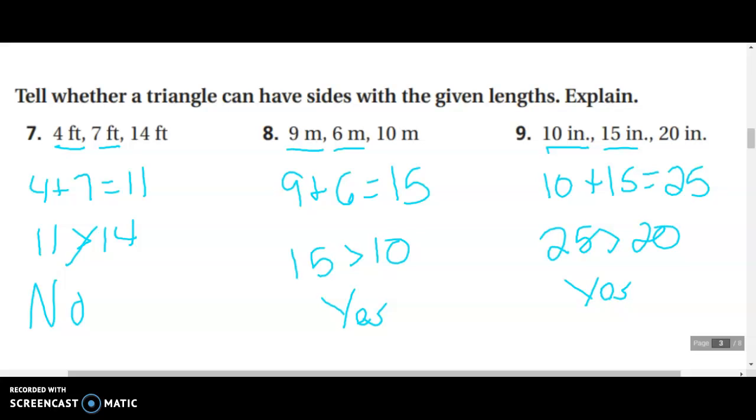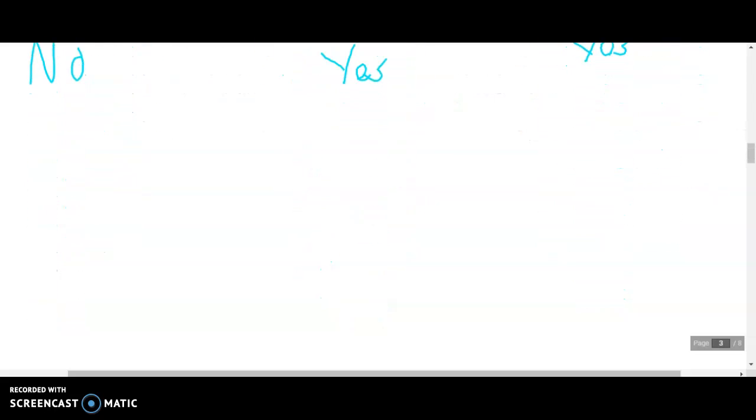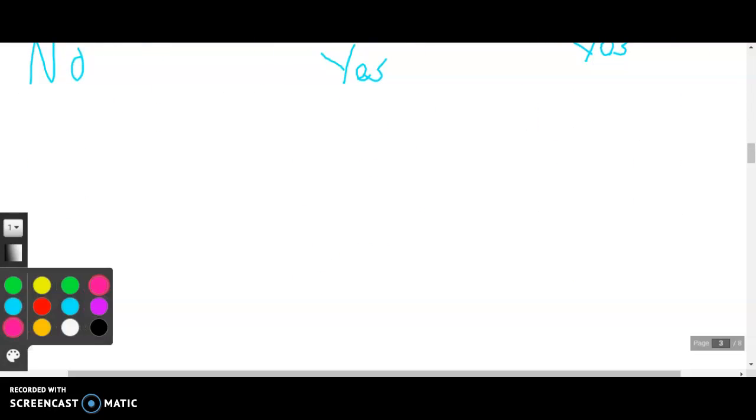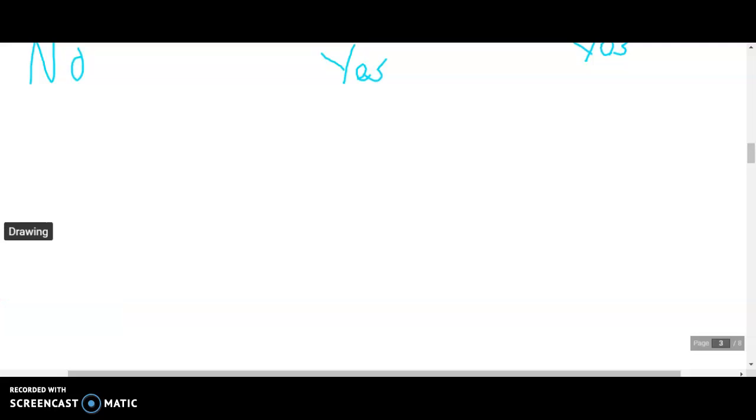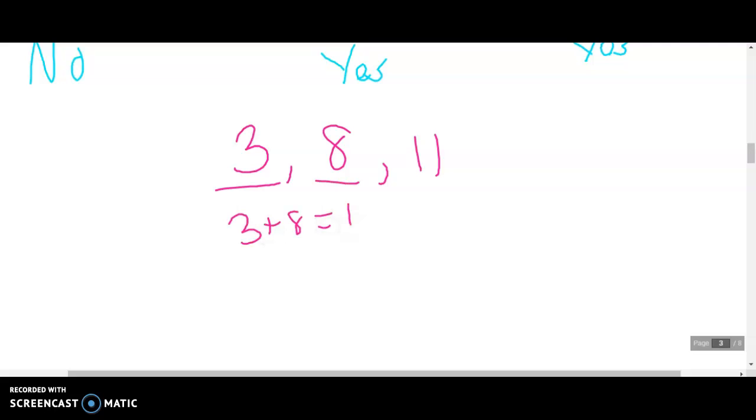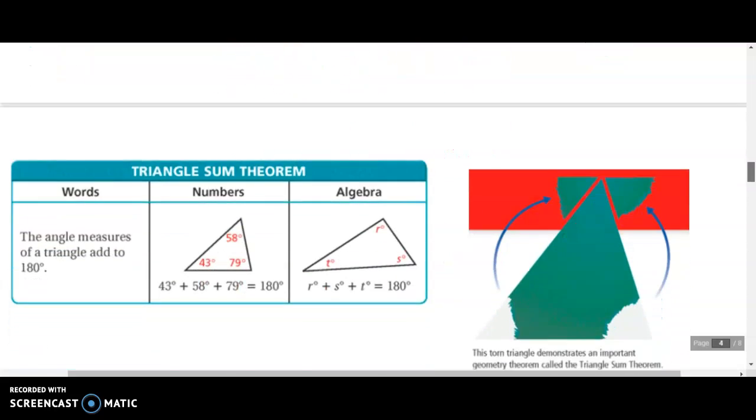Now, I'm going to come up with one really quickly and just show you something that the video didn't talk about. If you had 3 and 8 and 11, the two smallest sides, 3 plus 8 equals 11. Is 11 greater than 11? The answer is no, it's not. So that could not be a triangle either. Okay? All right, moving on.